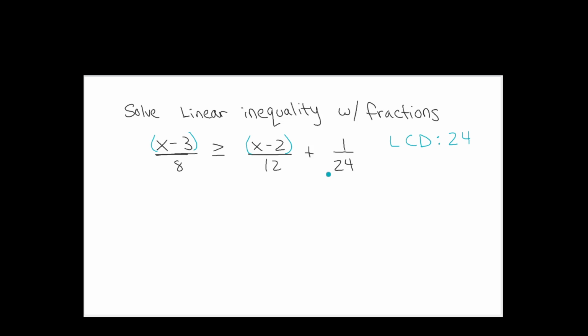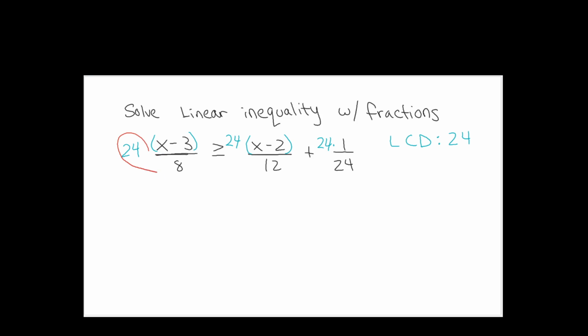So I am just going to clear the fractions by multiplying by the LCD. Why? So all the fractions go away and I don't have to work with them because they stress me out. So I am going to multiply everything. Everything gets multiplied by 24. And that is where those parentheses are super important. So after you multiply everything by 24, we're going to slow it down a little bit.